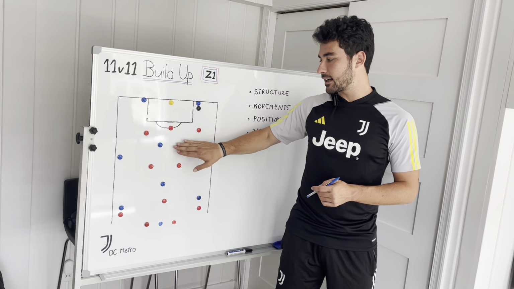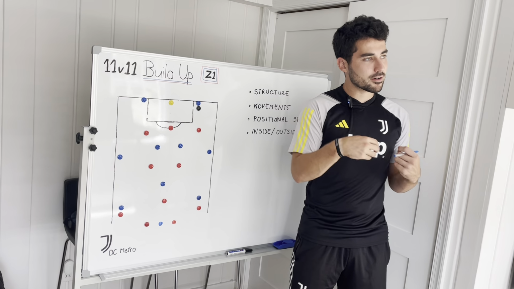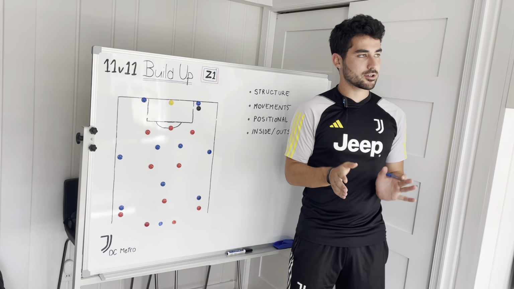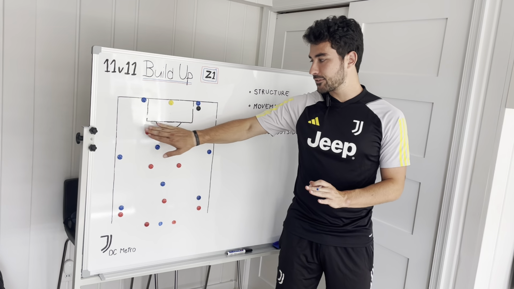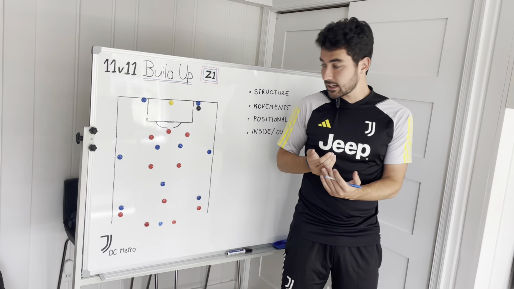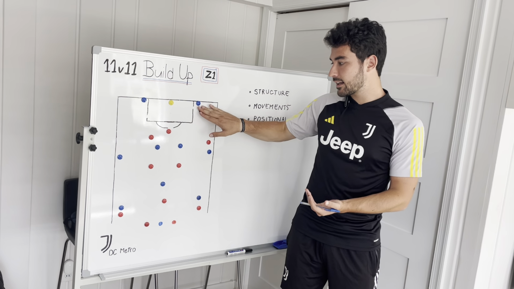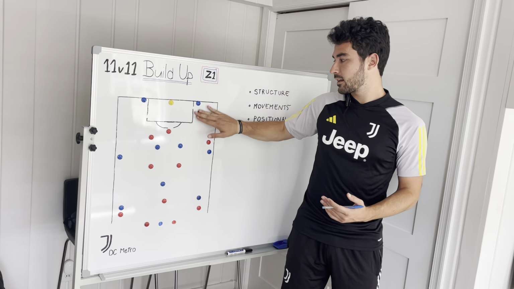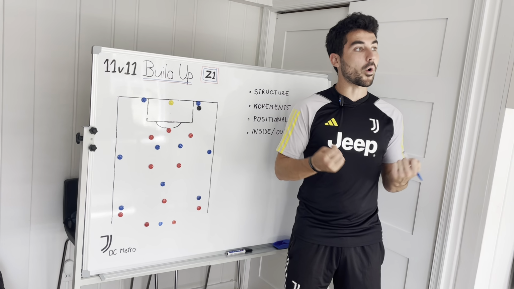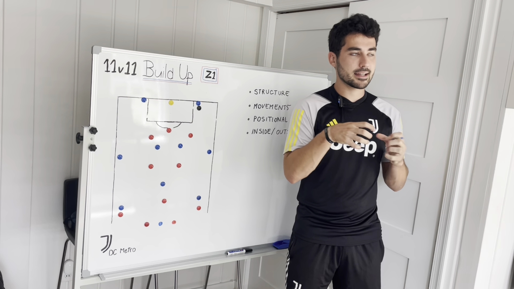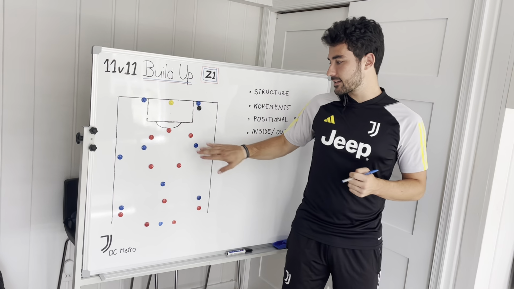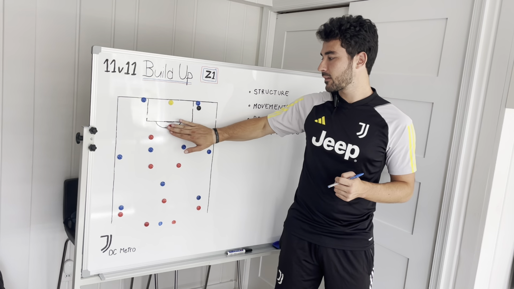So by us having our center mids narrow, creating that central overload, we force the press to make a choice. They're either going to have to cover us in the middle to give us space on the outside, or if they choose to go to the outside, great, we have space in the middle. But those two options become available only if we start narrow and create that central overload. We cannot be dragged too wide as center mids.